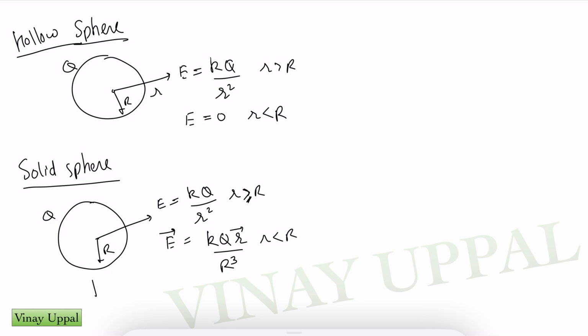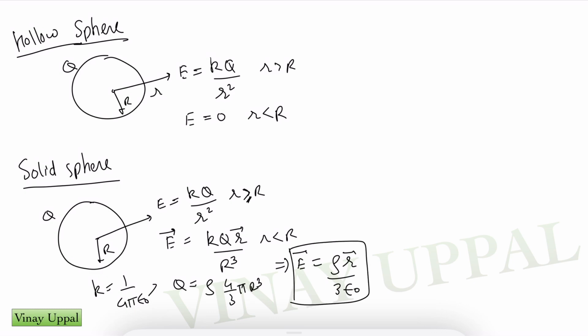If I substitute k as 1 by 4 pi epsilon naught and q as rho into 4 by 3 pi R cube, you will get a very nice simple expression for the electric field inside the solid sphere, rho r by 3 epsilon naught. So you can choose to remember it however you like. Let's also talk about potential.